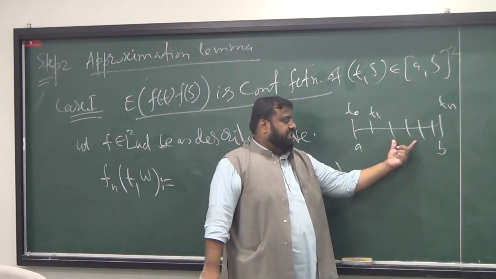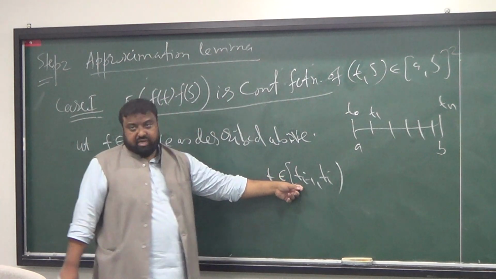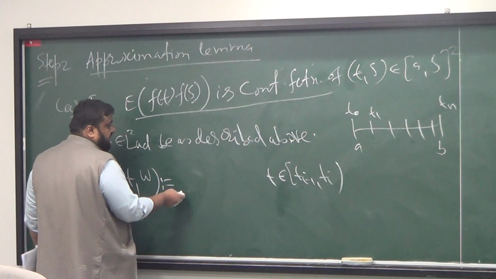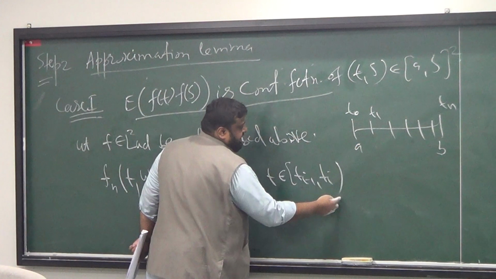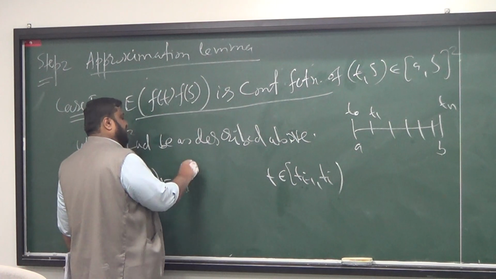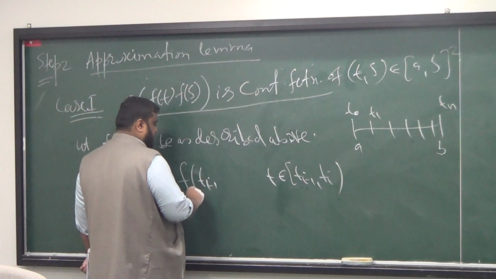If I take an instant from an arbitrary interval, then f_n(t) is what? In that interval, take the left endpoint and evaluate f at the left endpoint.